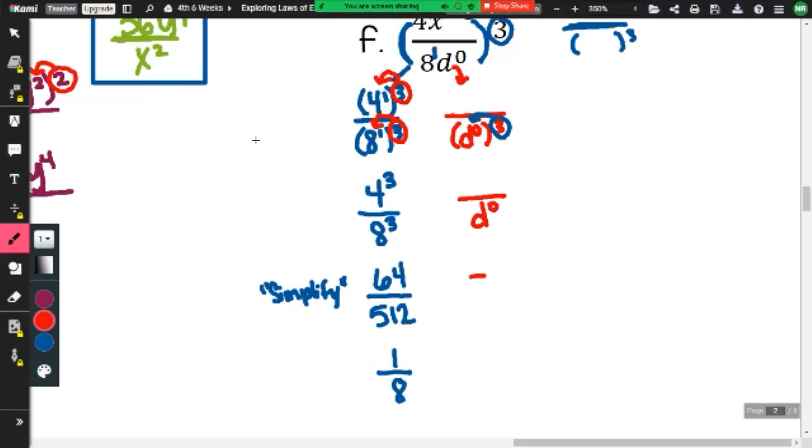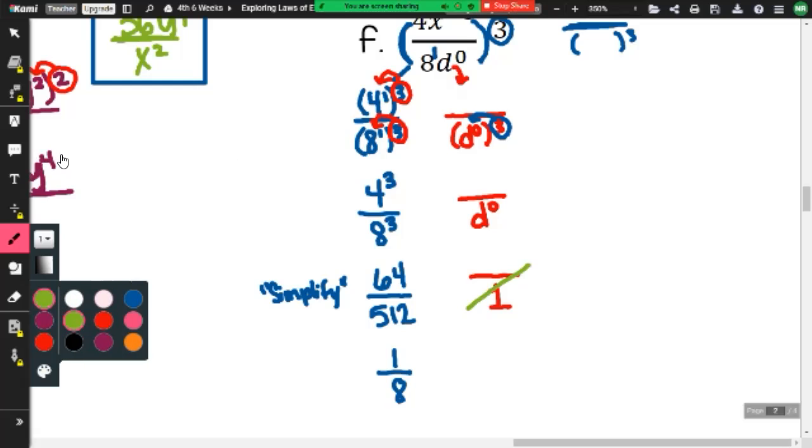And anything to the power of 0 gives me 1. Now, can we cancel this one? Yes or no? Yes, the reason we're able to cancel it is because if there's something else that's going to end up at the bottom of my fraction, which is in this case that 8, not the 5/12, the 8, then 1 times 8 is still 8. I'm not going to need it. It's not going to affect my final answer.